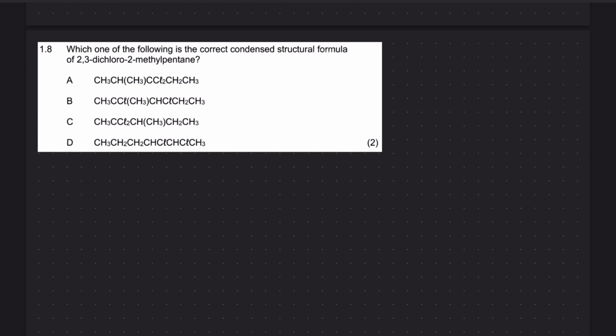1.8. Which one of the following is the correct condensed structural formula for 2,3-dichloro-2-methyl pentane? So this question, it's easiest if you just draw it out. So pentane, so there's 5 carbons, 1, 2, 3, 4, 5, all single bonds.